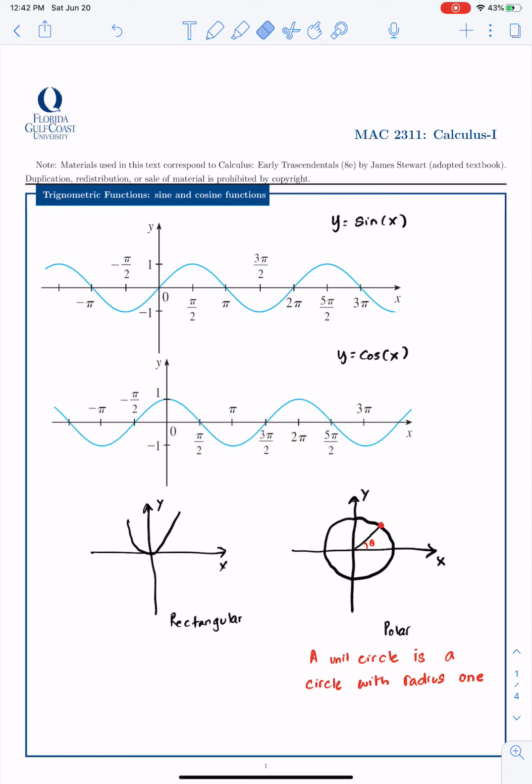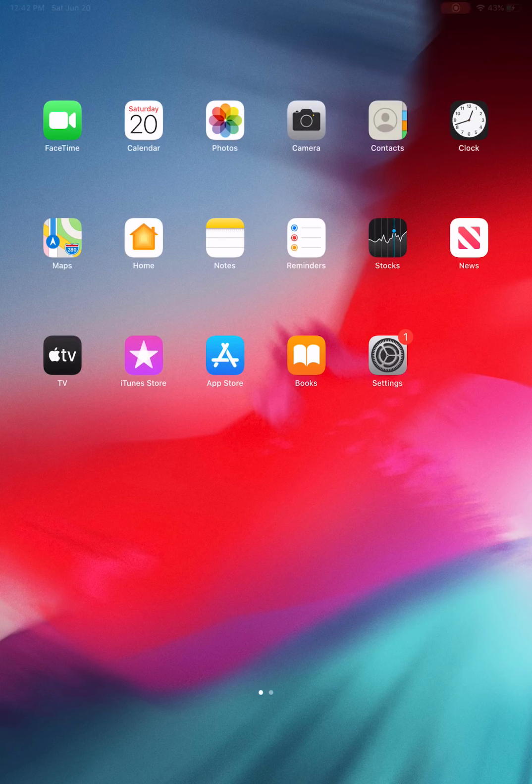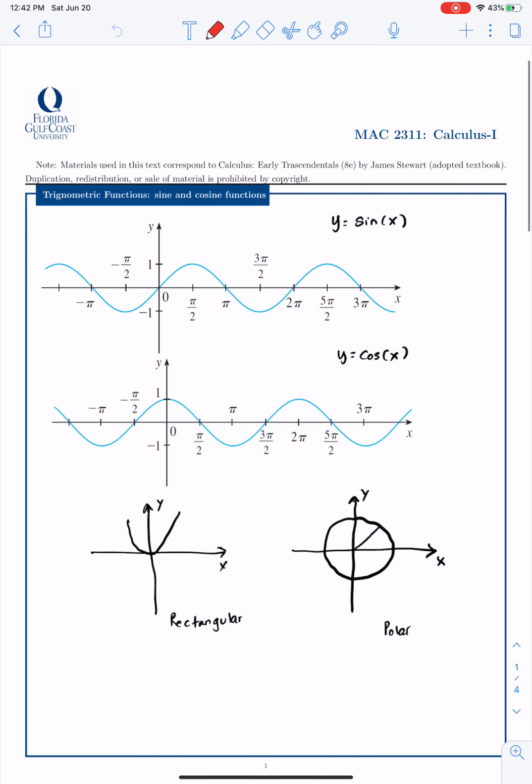So I'm going to draw a vertical line there.